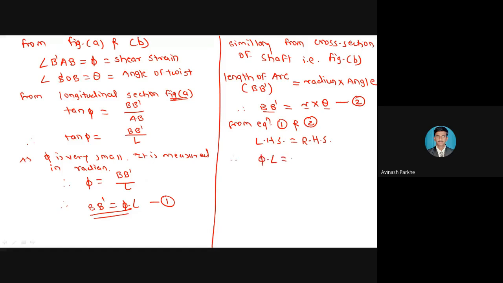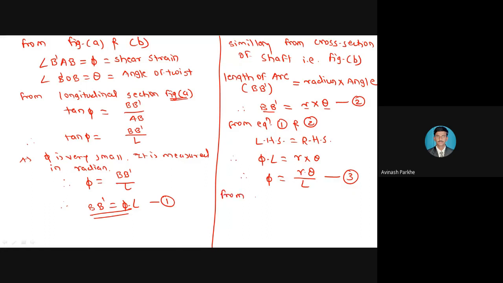Therefore, you will get phi into L is equal to R into theta. I will write this equation in the form of phi is equal to R into theta divided by L, equation number 3. So what I have done is compared equation number 1 and equation number 2. B dash is the same on the left side, therefore the remaining two terms, phi into L is equal to R into theta, and by rearranging the terms I have written the equation in the form of phi. You will get equation number 3.